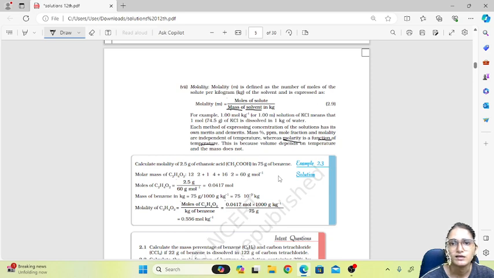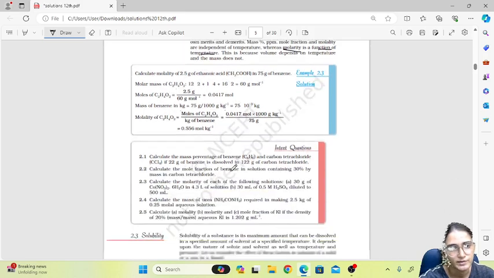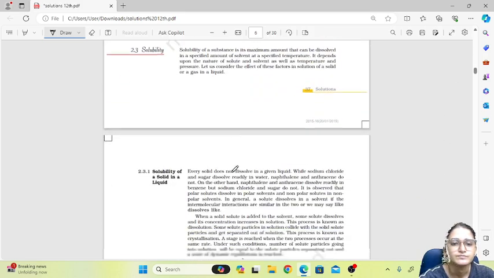If you have anything in liters, or the volume of any component, it depends on temperature, because temperature is going to affect that volume. So if you increase or decrease the temperature, it is going to affect the molarity and not the molality.